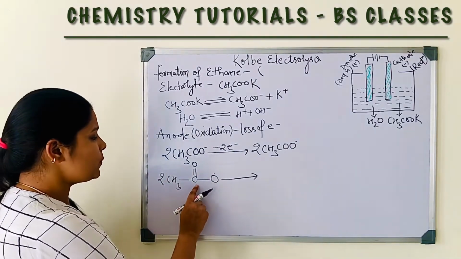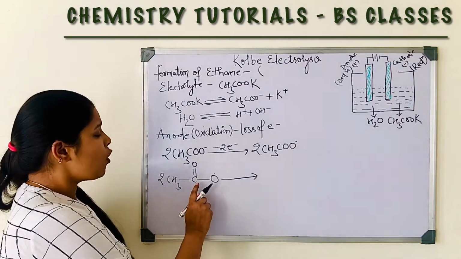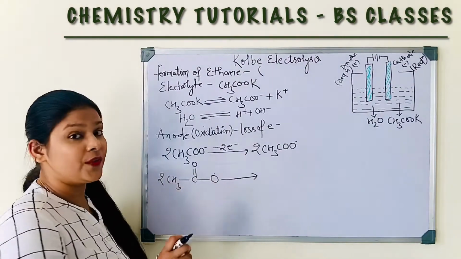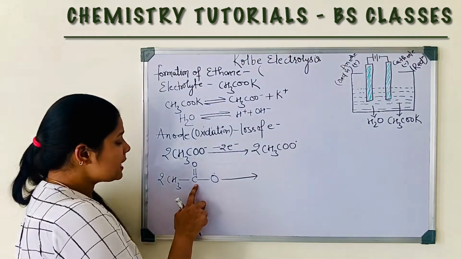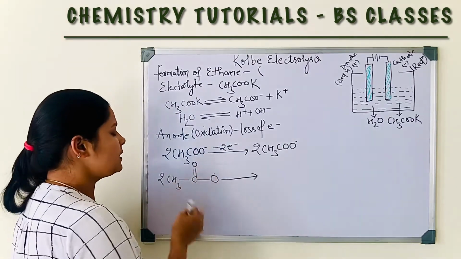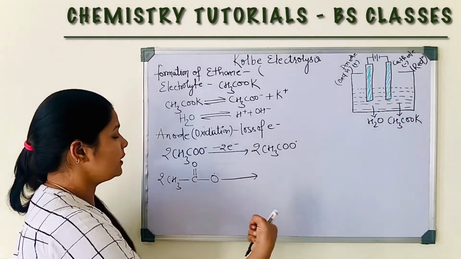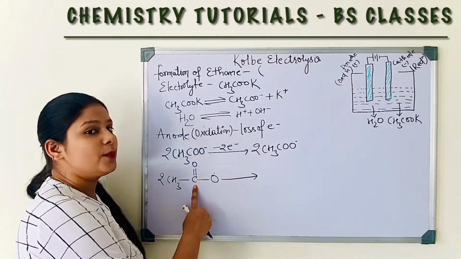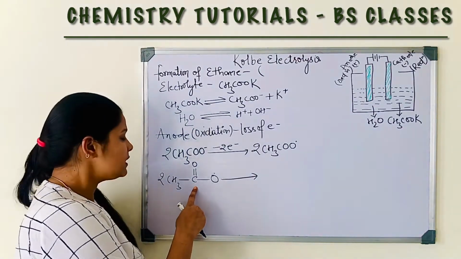So the difference between the electronegativity of carbon and oxygen is very high. This carbon is attached to 2 oxygen atoms. Both the oxygens withdraw electrons toward themselves, and this carbon is an electron deficient center.